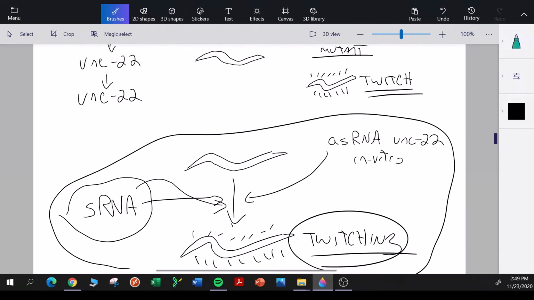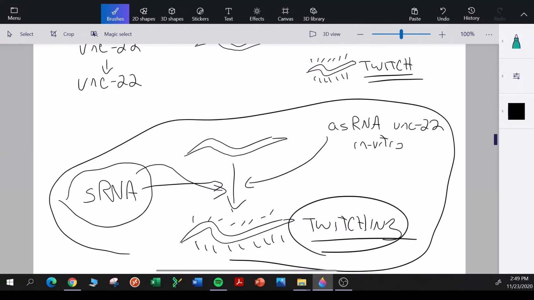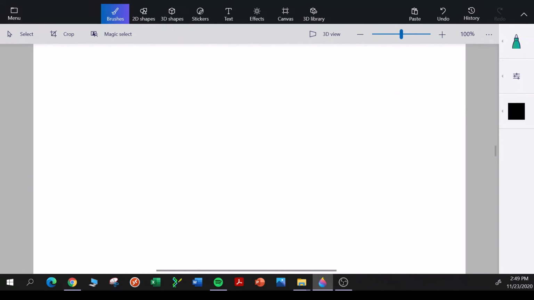So it took a couple of scientists to figure out what was really going on. And they won the Nobel Prize, and I believe they were awarded the Nobel Prize in 1998 for their discovery of what was happening here.